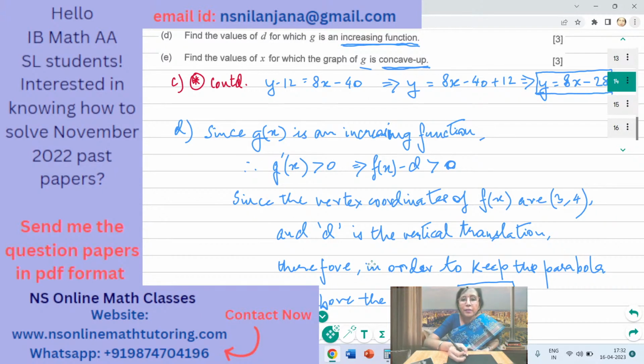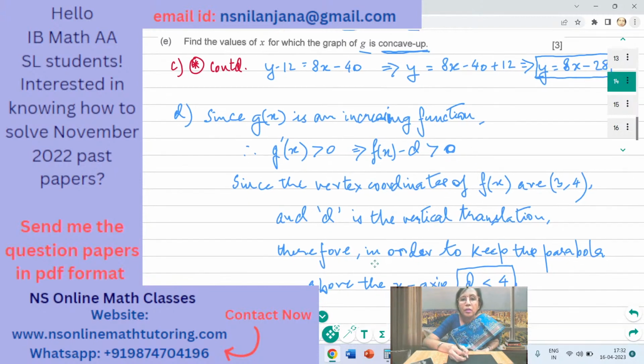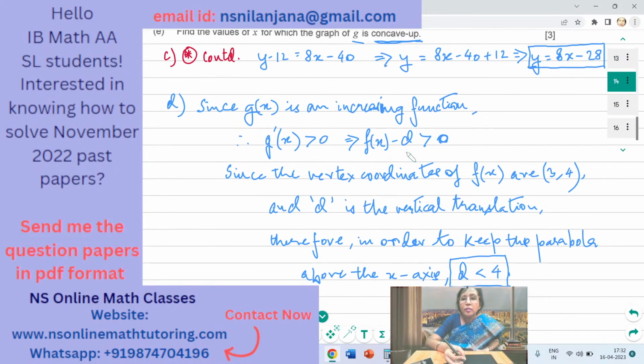For that, we need the expression of f of x, because in fact, we do not know the expression for g. We know the expression for g dash. It is f of x minus D. So we can get g double dash x from this expression.